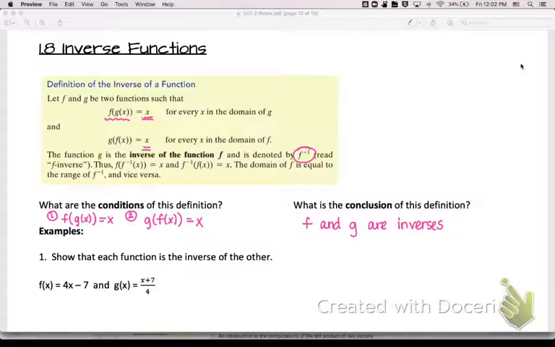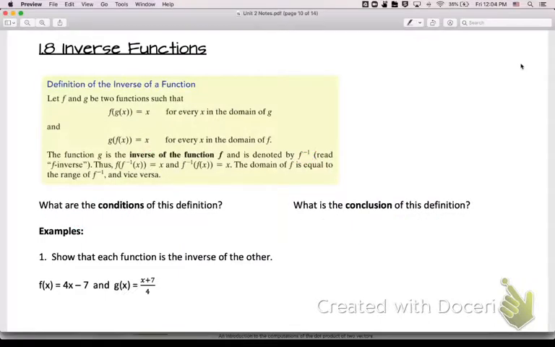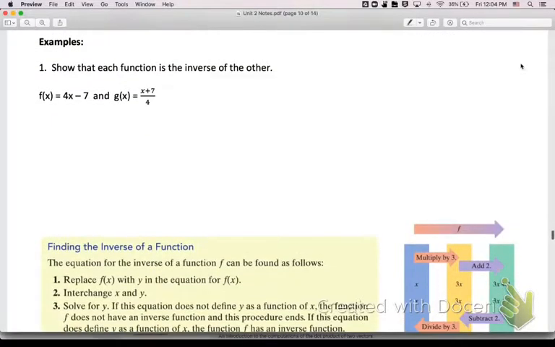If you explain your answer in any other way, it will not receive credit because you have not used the definition, okay? So, for example, on number 1, it says, show that these functions are inverses of each other. Show, verify, prove. Those are all the same thing. So the only way that we can show this is by using the formal definition.